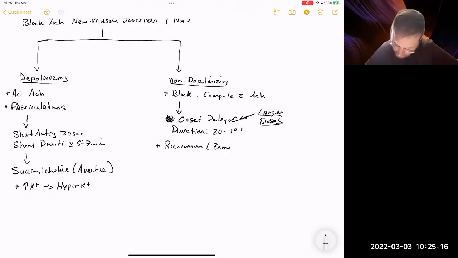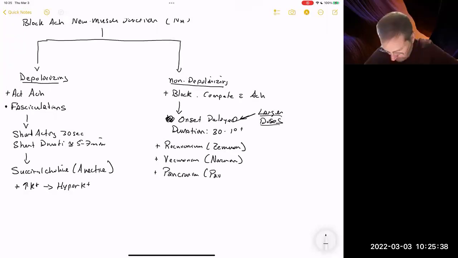Vecuronium, also known as Norcuron. Pancuronium is occasionally used, also known as Pavulon. Those are some examples of non-depolarizing agents.